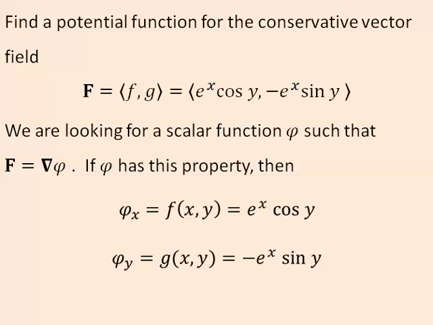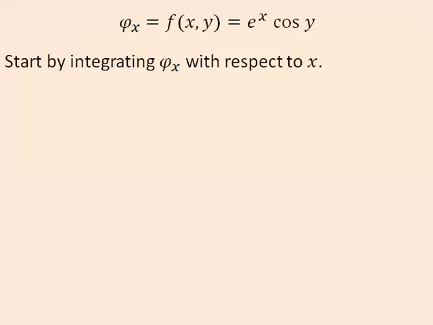If F is the gradient of phi, then phi partial x has to equal f, and phi partial y has to equal g. So we know what phi partial x is. If we integrate that with respect to x, that might get us someplace. So that's what we'll do.